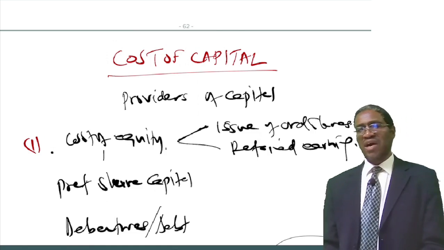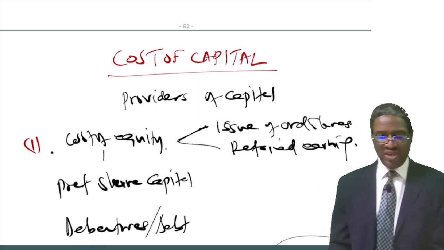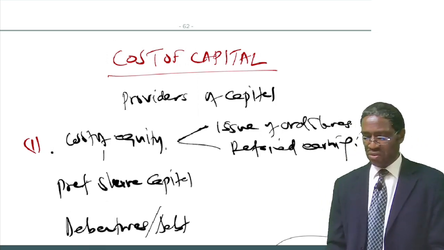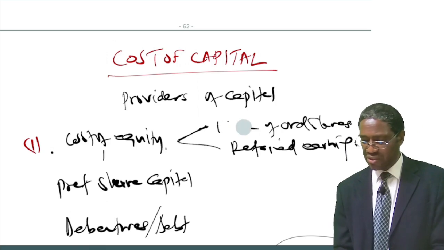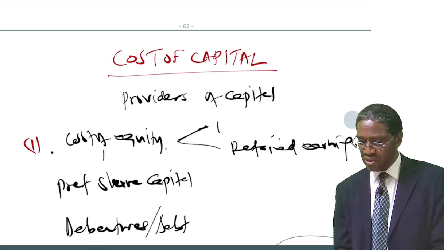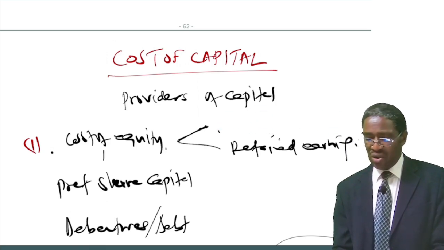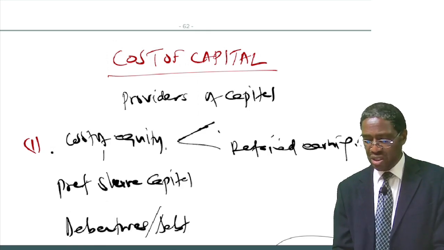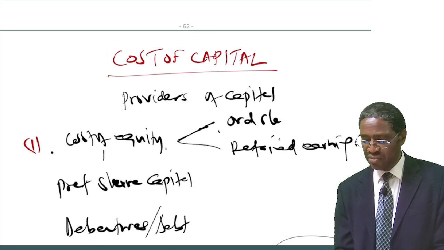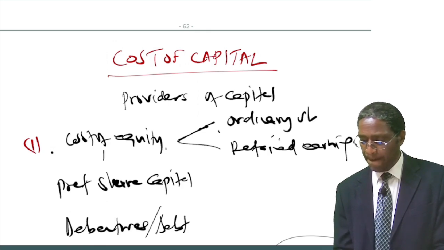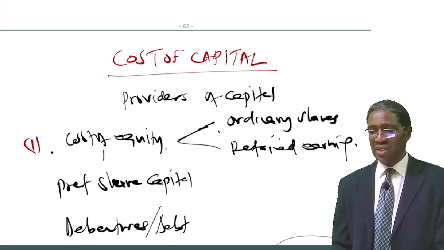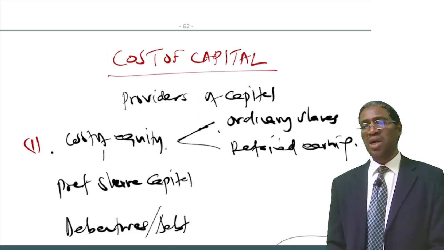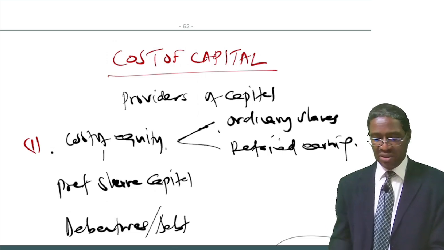Under that you can have two branches: issue of shares, or we can just call it ordinary shares, and the second branch is retained earnings.